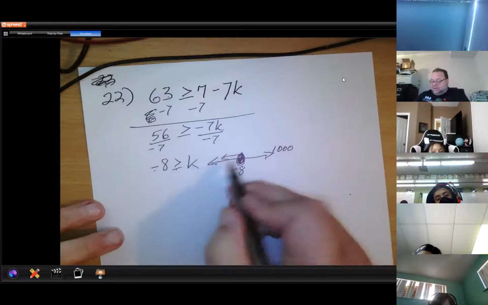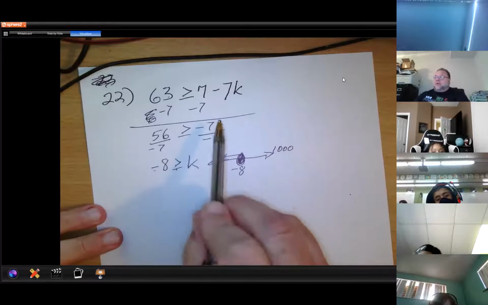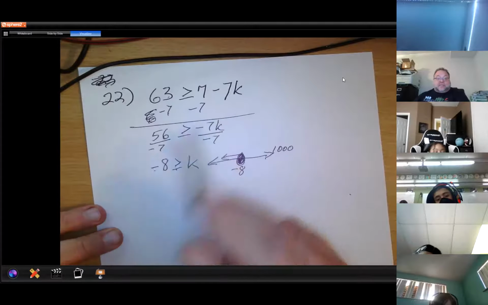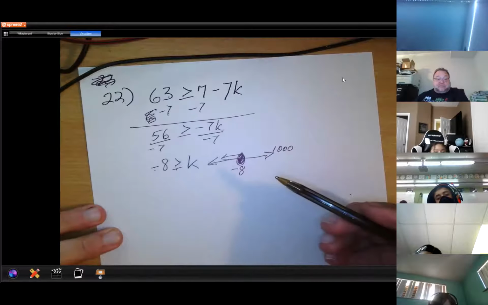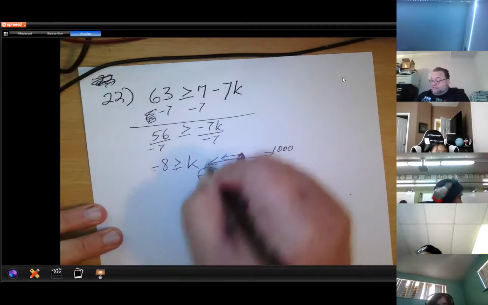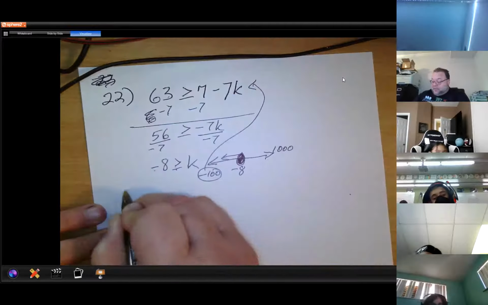Now, here's what we're going to do. We're going to pick a number somewhere over here, and we're going to plug it into the original inequality, and we're going to see that it doesn't get the right answer. All right? So I'm going to use negative 100. So I'm going to plug it in.